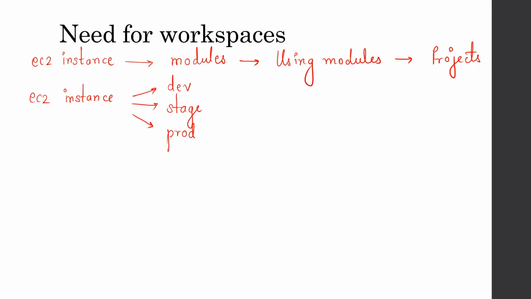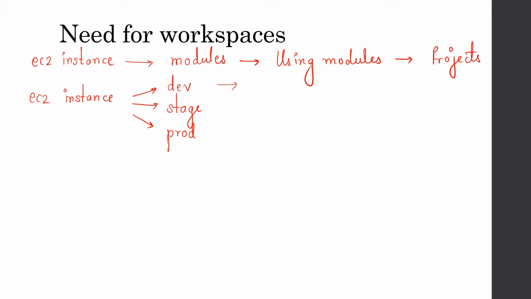So there are different environments across which software development occurs. Now, you want to deploy this EC2 instance across these multiple environments. So what can you do? You should not repeat the code, and at the same time, you have to achieve the task.